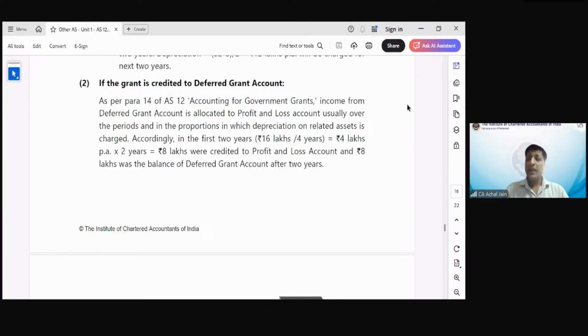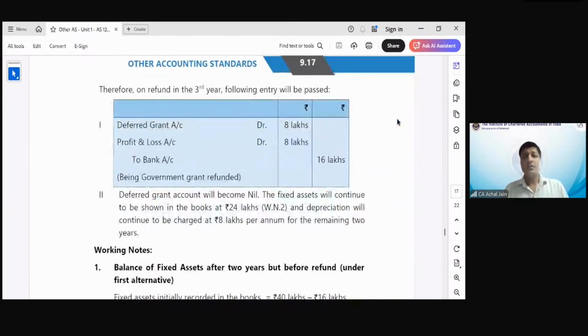Very good. So now, when you refund this, you have a deferred income balance. The standard says make it 0. So you'll transfer the entire balance of this deferred income, 8 lakhs. What is the amount you have to refund? 16. So the balance goes to P&L, 8 lakhs. Clear on this?